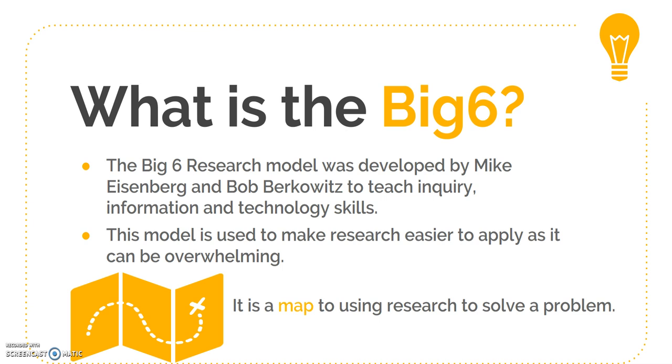They noticed that people were having such a hard time and didn't know where to start or how to go about doing research. And they came up with a pretty easy model that has, you guessed it, 6 different steps. Now, the Big 6, I think of it as a map that we're going to be using in order to research and solve our problem, and that is what your teacher wants you to research.